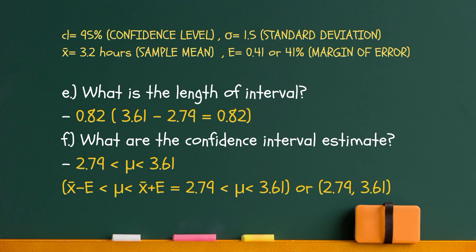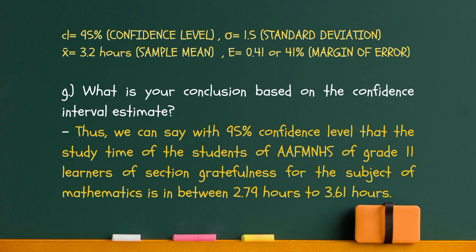Or it can also be written in parentheses 2.79, 3.61. But take note of this one. If you're using this to identify the confidence interval estimate, you're just going to put first the lower confidence limit, and then the upper confidence limit. G. What is your conclusion based on the confidence interval estimate?